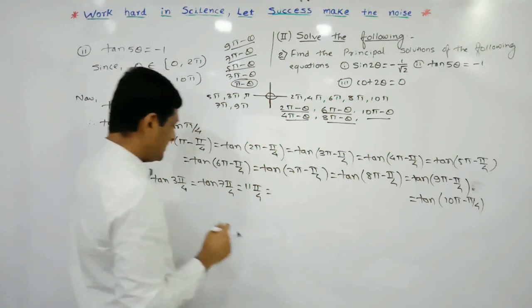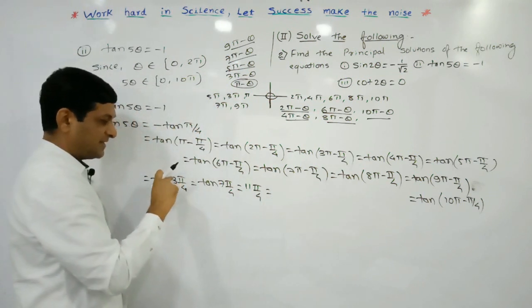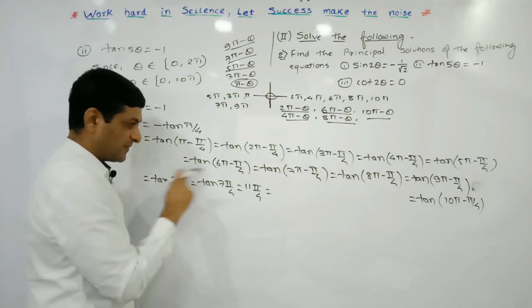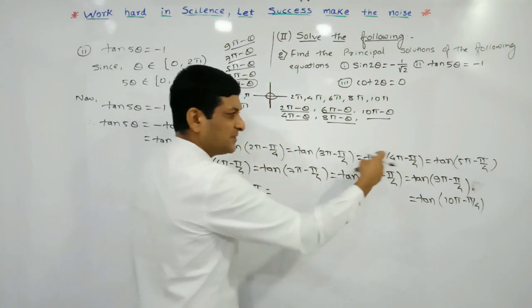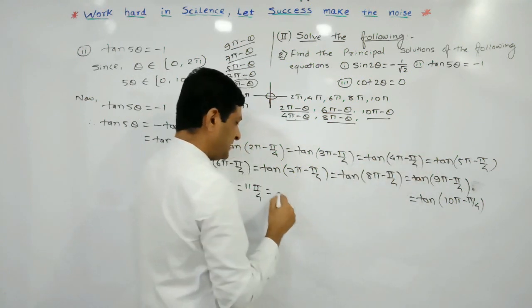Continuing this way, if you observe the difference, 7 − 3 is 4, and 11 − 7 is 4. So we add 4, and the next value we get is 15π/4.